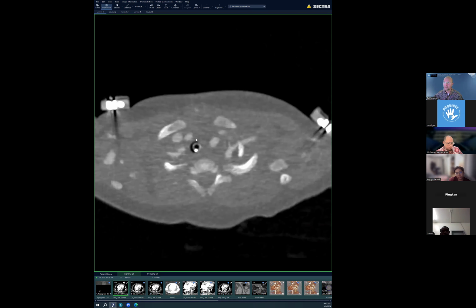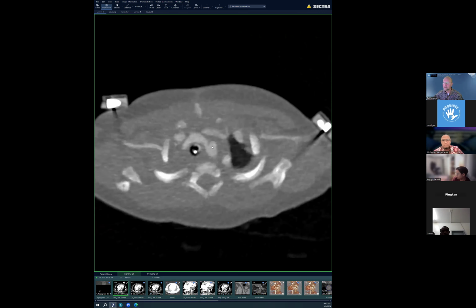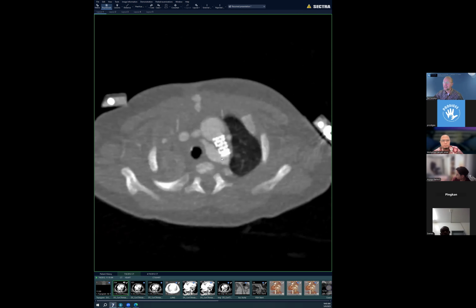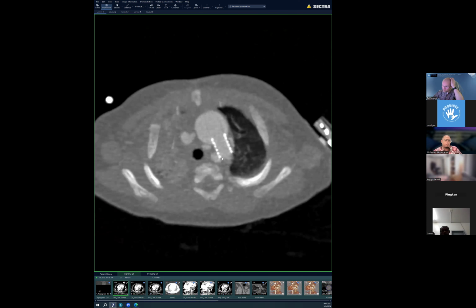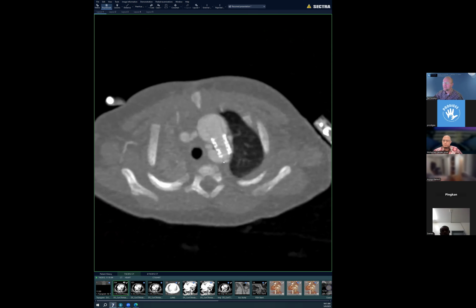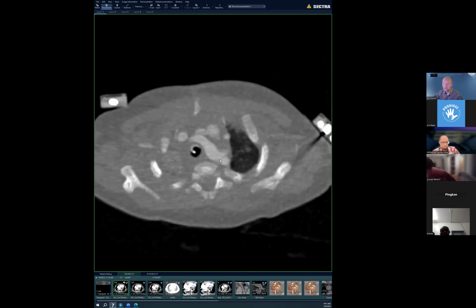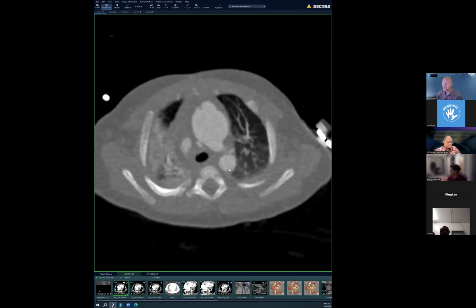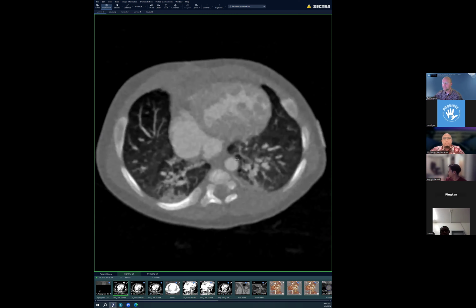So we have a right brachiocephalic or innominate artery, right common carotid, right subclavian, left common carotid, and left subclavian branch here. And then we have a narrowing here. So we have also a coarctation, obviously, which makes total sense with a very hypoplastic ascending aorta. And then if you scroll down, the descending aorta seems to be of normal caliber here.